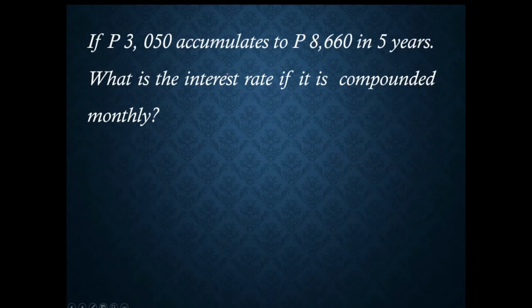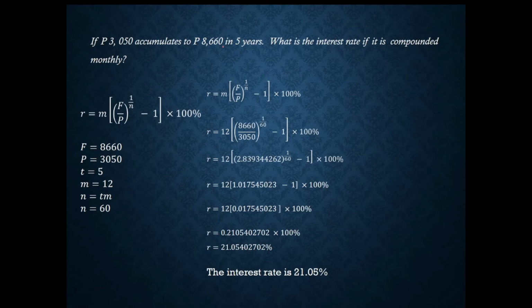Okay, so from there, let's have this word problem. If 3,050 pesos accumulates to 8,660 pesos in 5 years, what is the interest rate if it's compounded monthly? In this case, we have the future value, which is 8,660 pesos, your principal, which is 3,050 pesos. You also have your term t, which is 5, your number of conversion periods per year, m, which is 12. Your n could now be computed by multiplying these two, hence your n would now be equal to 60.